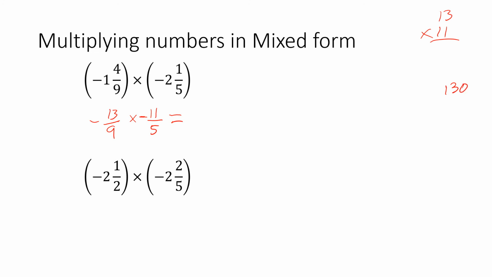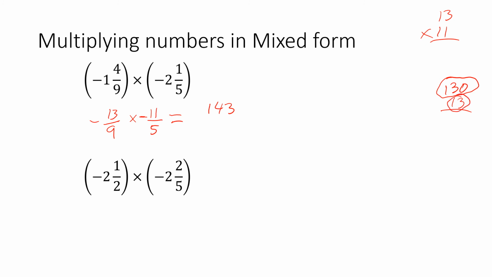Okay, so that's 10 13s that have been added up. Well, I need one more 13 that I need added up. Okay, so that's going to be 143. Okay, so this is 10 13s, and plus one more makes 11 13s.